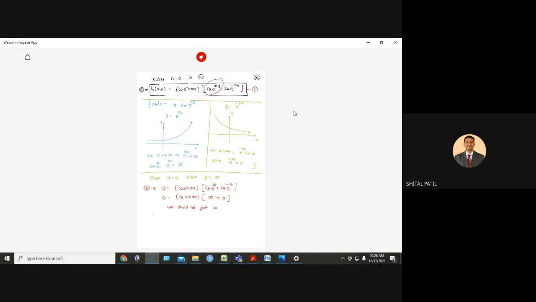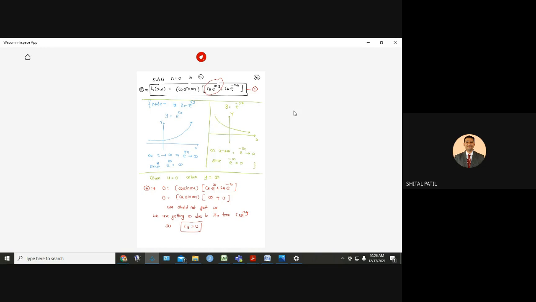We are getting infinity due to the term c3 e raised to my, so c3 should be equal to 0. There is no other alternative.